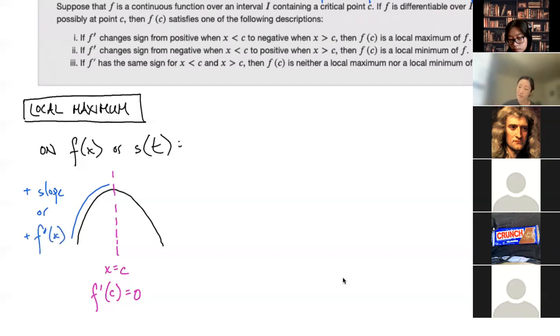And for a moment it becomes 0, but then on the other side we have a negative slope, or a negative f prime of x. That's what this first bullet point is saying: if you change signs from positive to negative, then f of c is a local maximum.